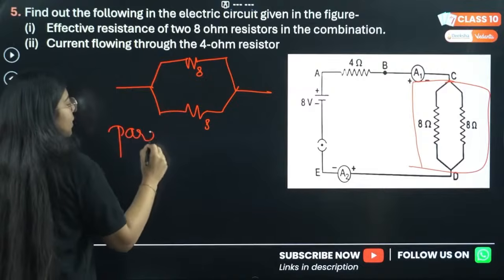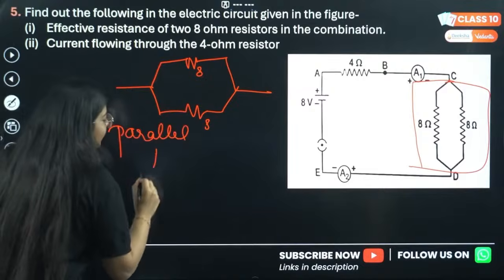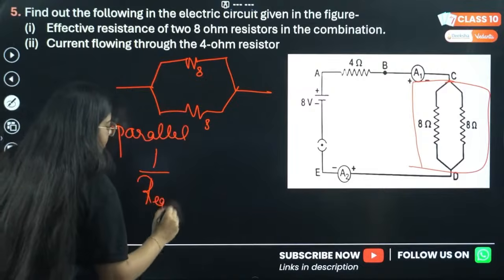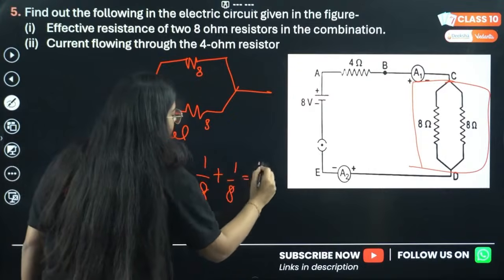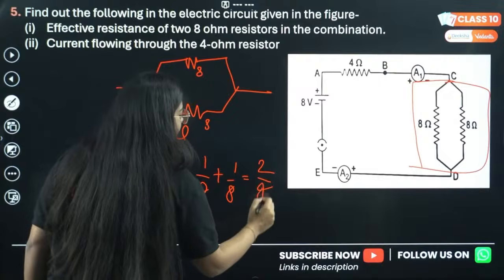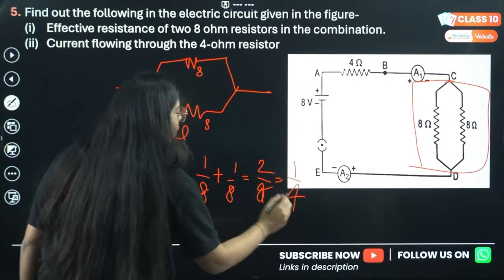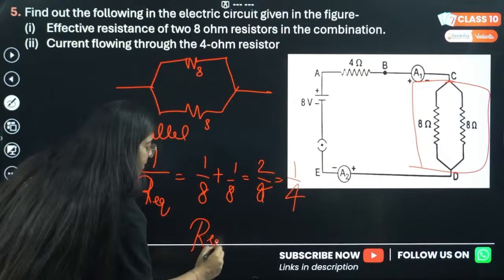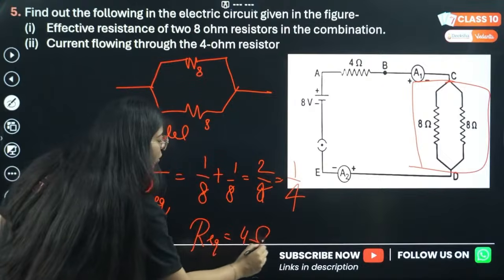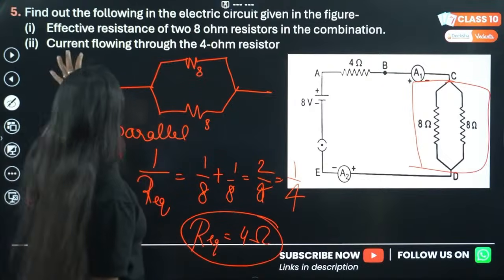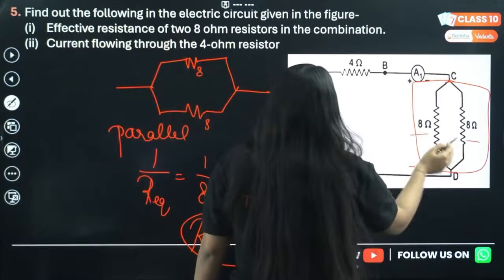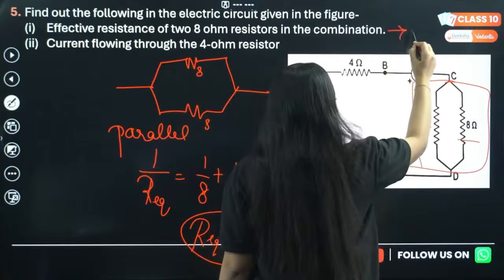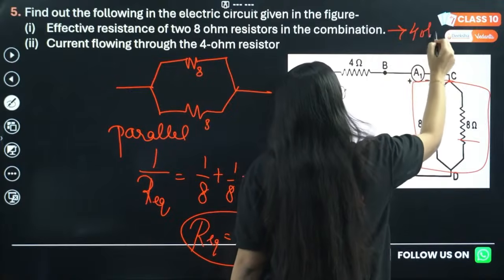The equivalent parallel resistance will be 1 by 8 plus 1 by 8, which will be 2 by 8, which will be 1 by 4. So my equivalent resistance will be 4 ohm. Correct? So the first part is done. Effective resistance of the 2 eight ohm resistors in the combination is 4 ohm.